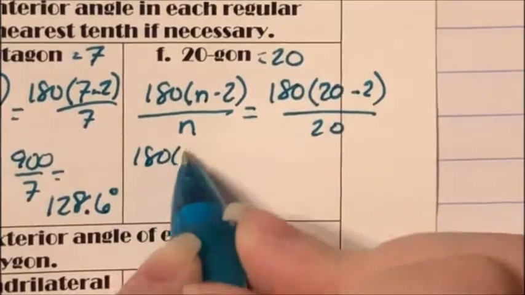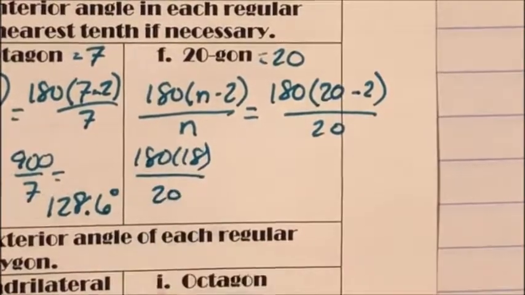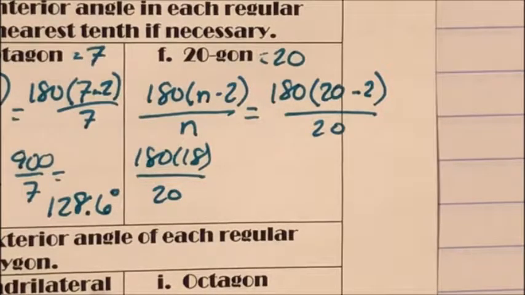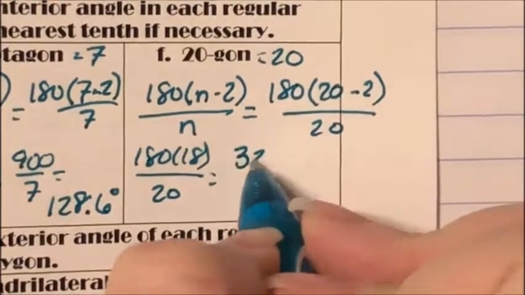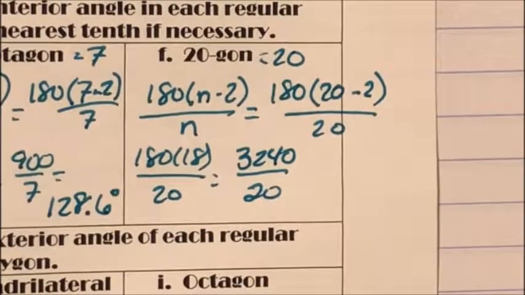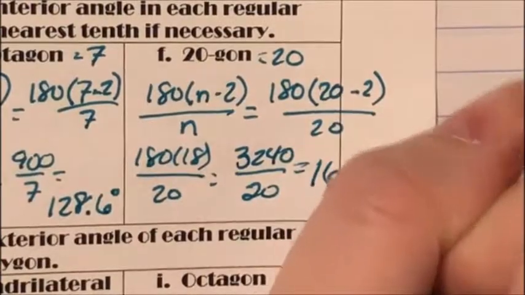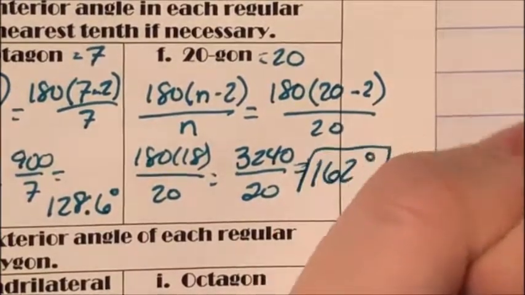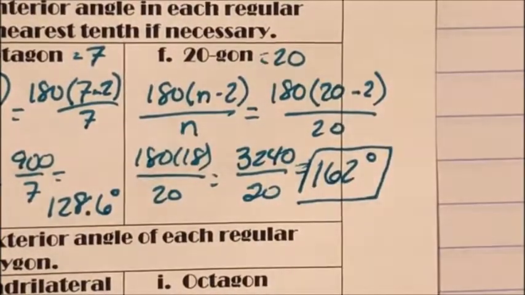So that's 180 times 18 divided by 20. 180 times 18 is 3,240, and then divided by 20 is 162 degrees. So one angle of a 20-gon measures 162 degrees.